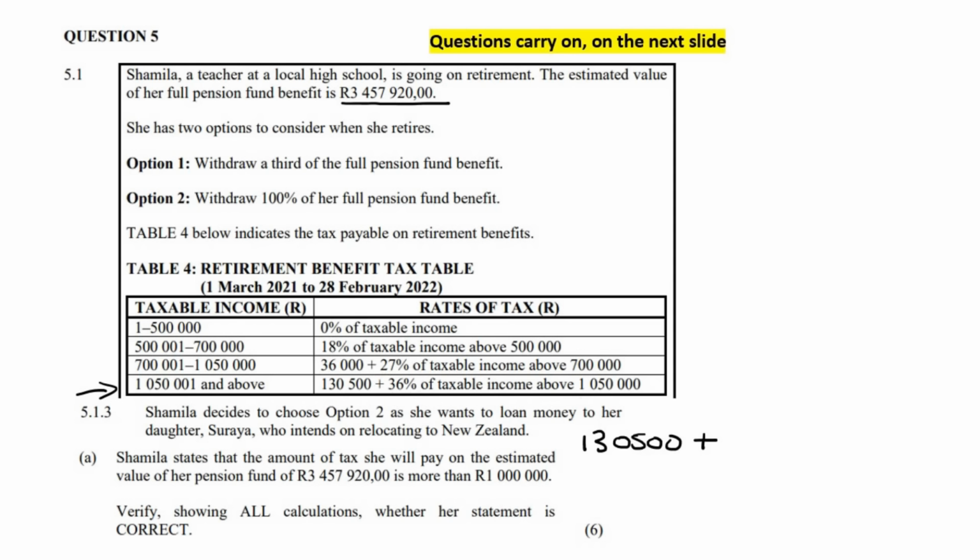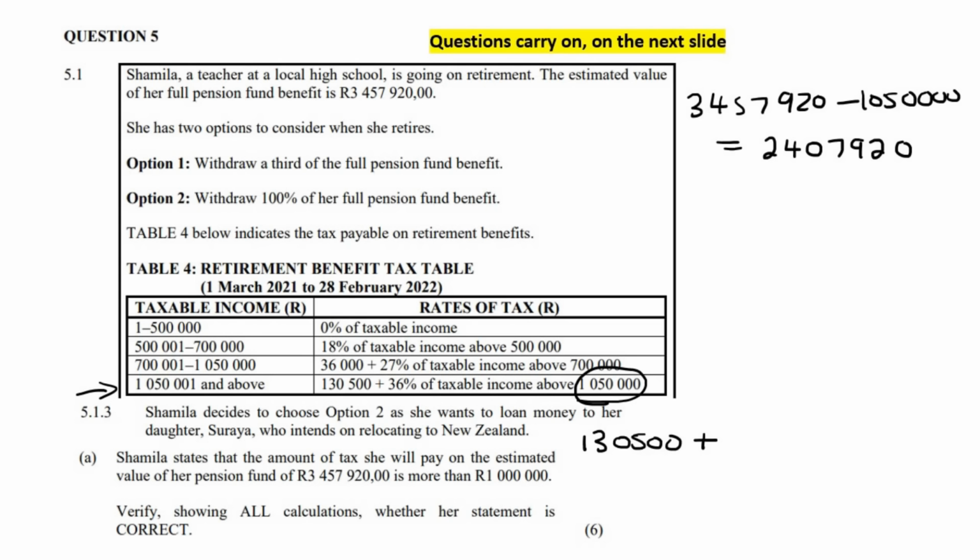So we need to go work out how much extra that would be. We need to know how much more she has above this amount. So we can say 3,457,920 take away 105,000, and if we work that out, that's going to be 240,7920.